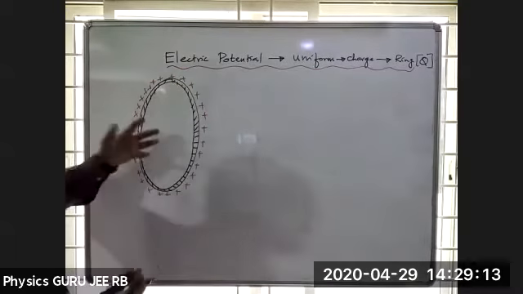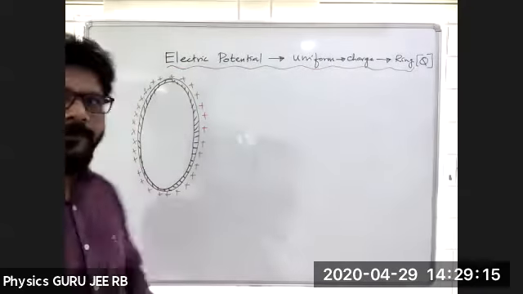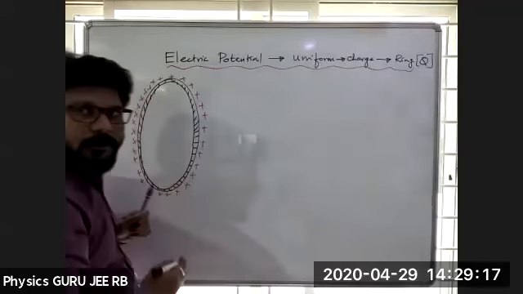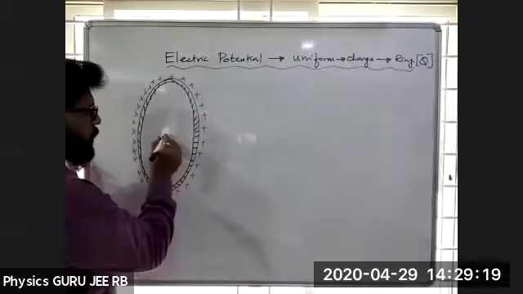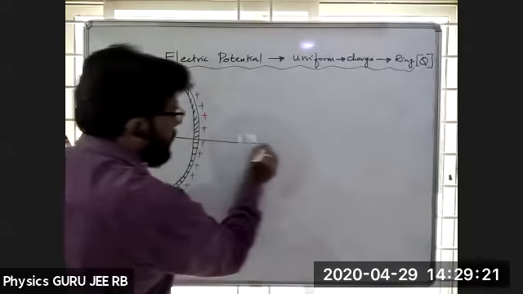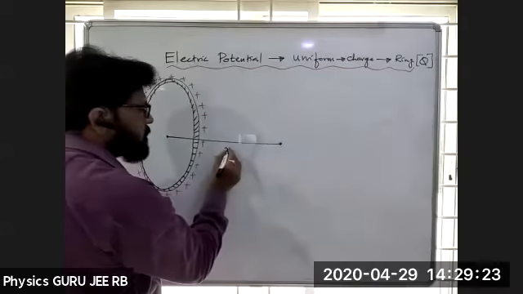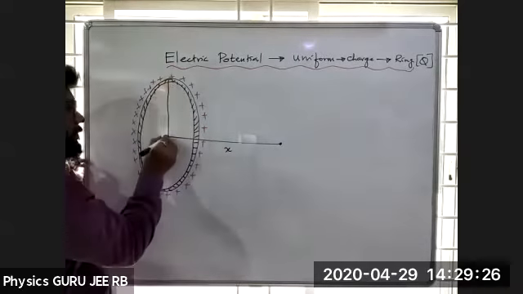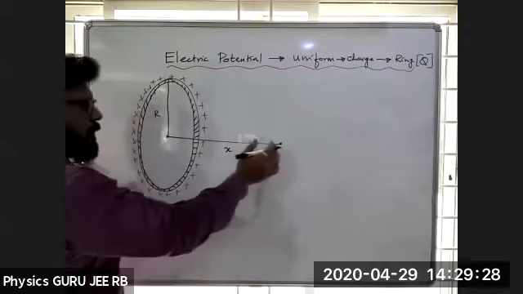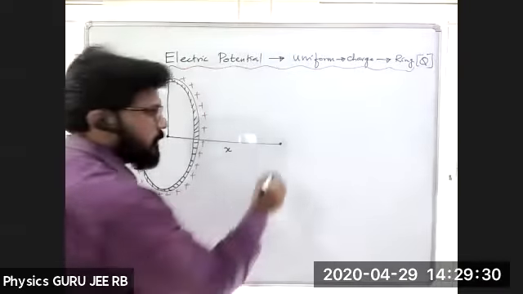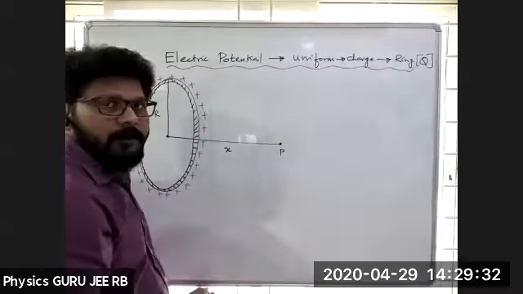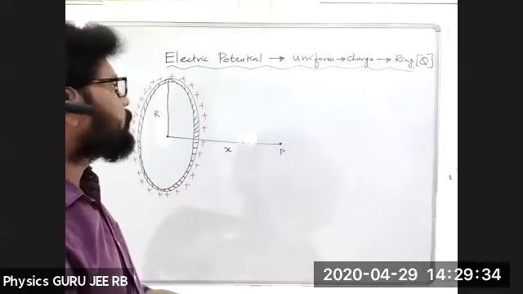Now we want to calculate on the axis, at a distance of x. The radius of the ring is r. At this particular point P, we have to calculate the electric potential.